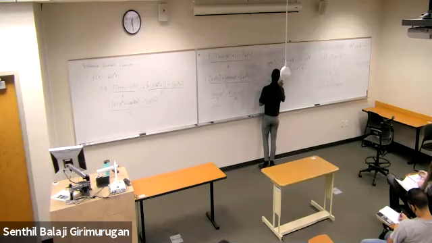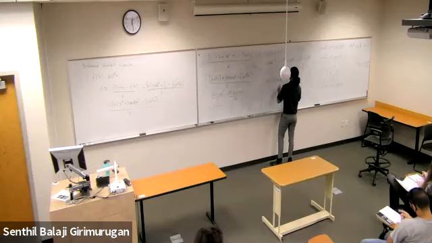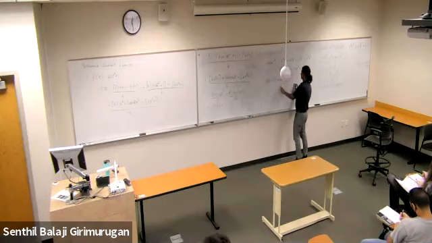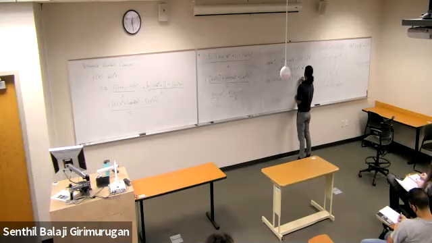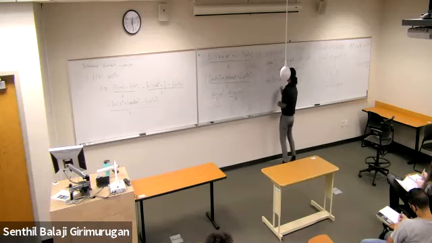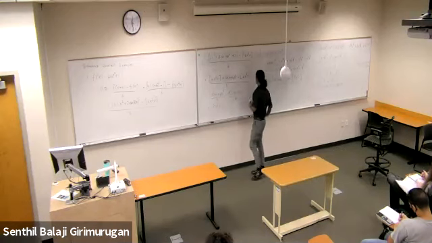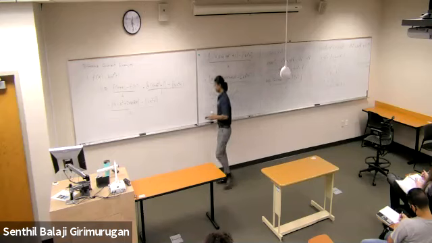2 times x plus h cubed minus 1, minus f of x, so f of x plus h minus f of x, divided by h.